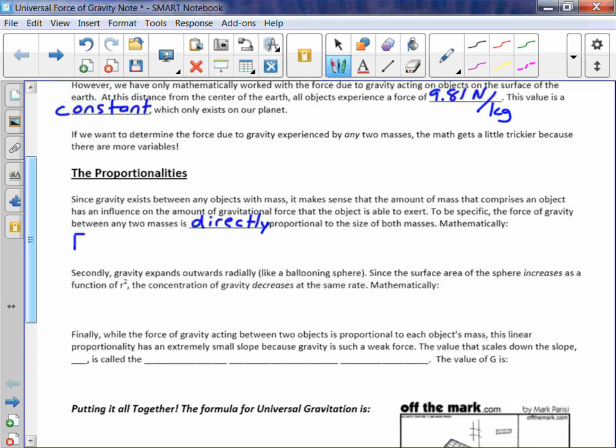Mathematically, so if you have two rocks and you want to double the force of gravity between them, if you double one of the masses of the rocks, then you double the force of gravity. If you double the mass of both rocks, then you quadruple the force of gravity.